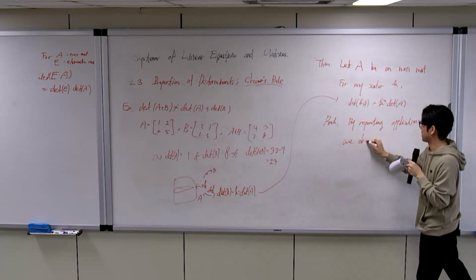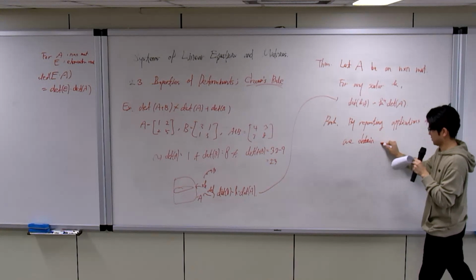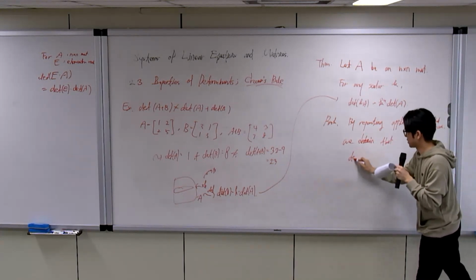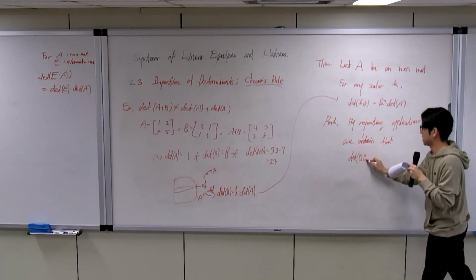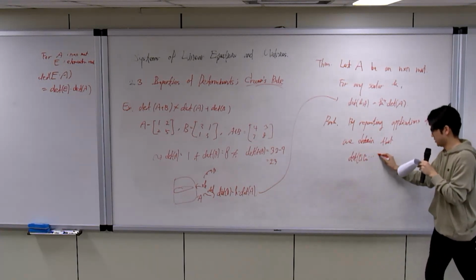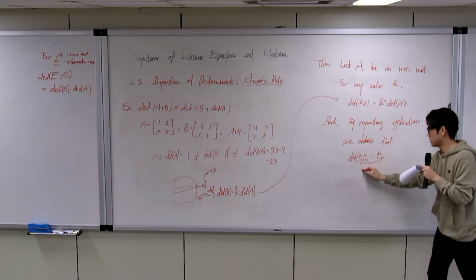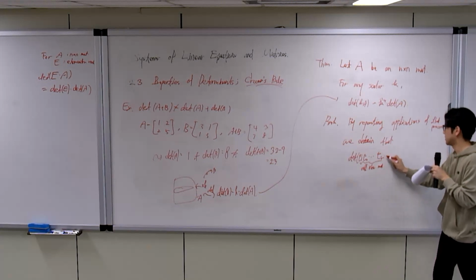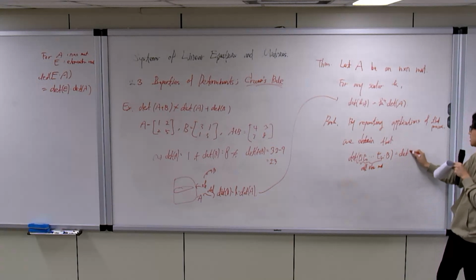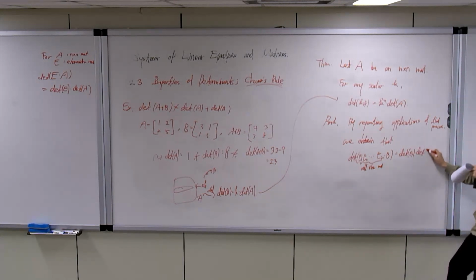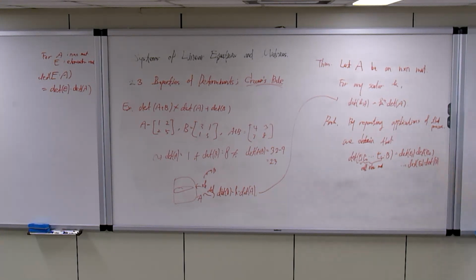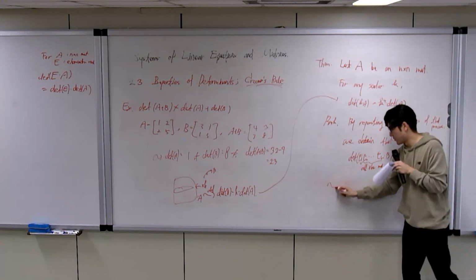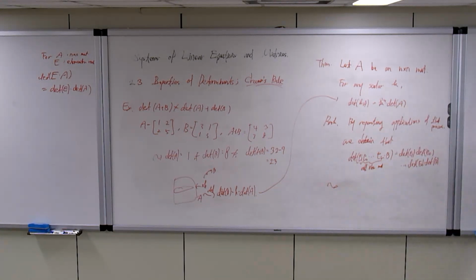We might obtain that, where E1 to ER are all elementary matrices, the determinant of E1 through ER times B is equal to the determinant of E1, determinant of E2, through determinant of ER, and determinant of B. So from this remark, we can get the results.